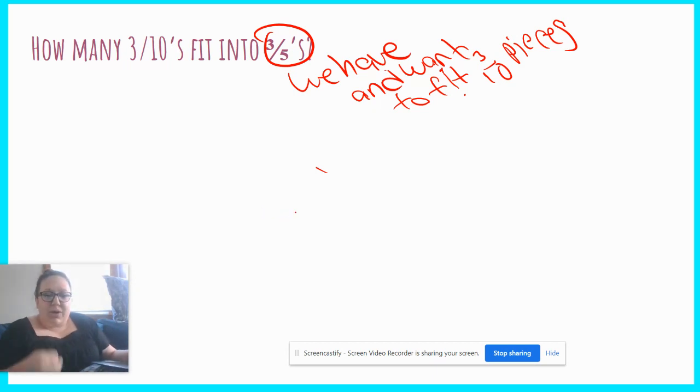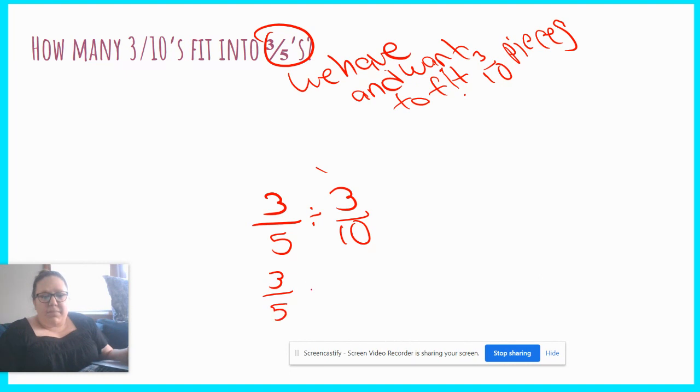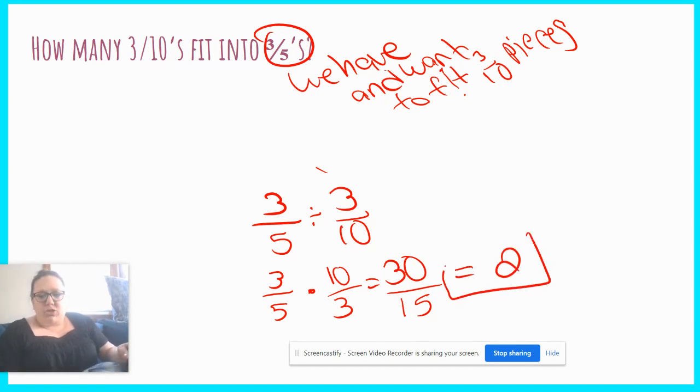We have 3/5 and we want to know how many 3/10 fit. 3/5 divided by 3/10. 3 over 5 stays the same. That's our keep. Change to multiplication, and then 3/10 becomes 10 over 3. 3 times 10 is 30. 5 times 3 is 15. 30 over 15 would become 2, because 30 divided by 15 is 2. Or you can think 15 times 2 is 30.